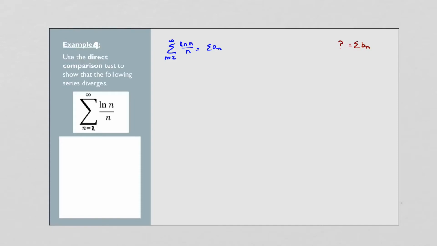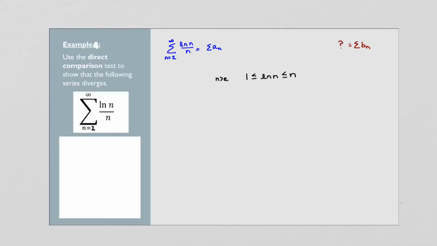So let's start with a statement that is a fact. This is always true. So long as n is bigger than e, we can make the following statement: 1 will always be less than or equal to the natural log of n, which is less than or equal to n.